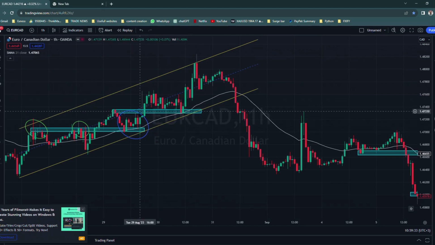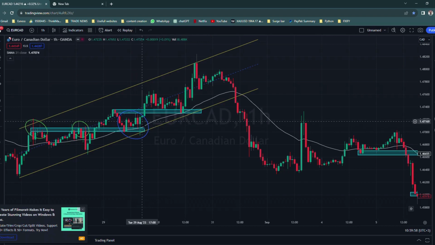So let's see the second example right here. We are looking at a pin bar again after the break of this. It's not the best example of a pin bar, but as you can see, there is a huge rejection wick above this zone, and it is exactly at the 21-day moving average.